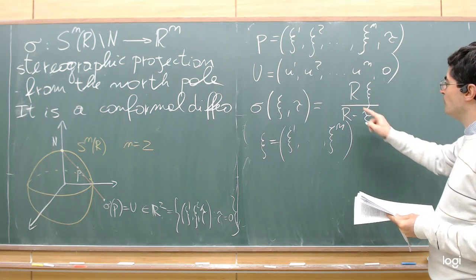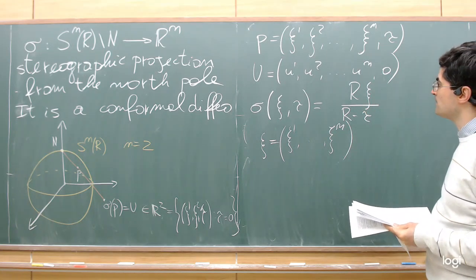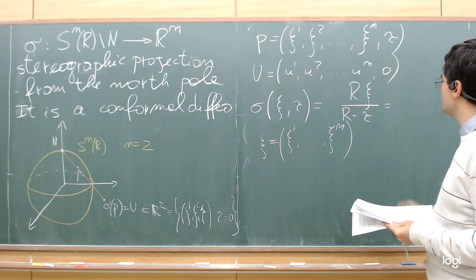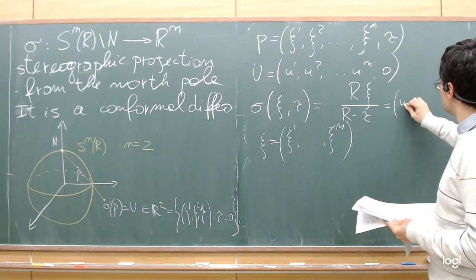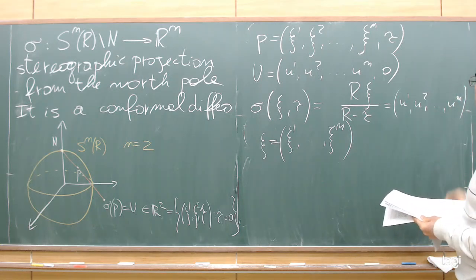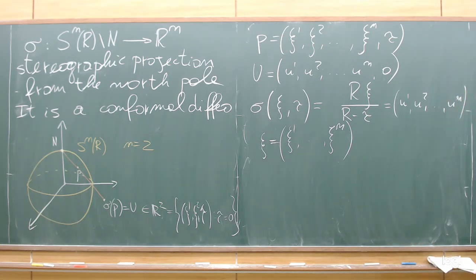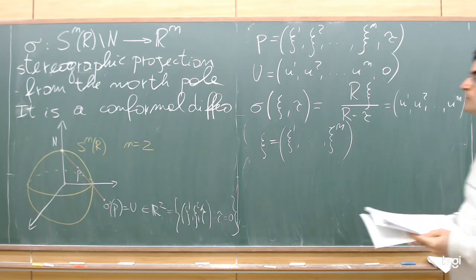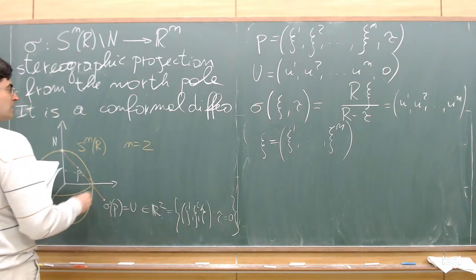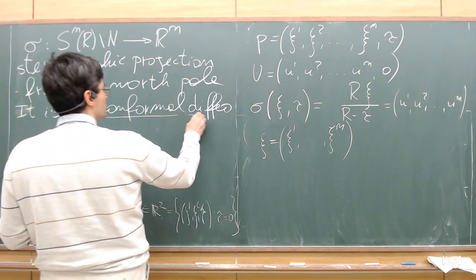If you observe this formula, you get that this is (u1, u2, ..., un). We want to prove that this is a conformal diffeomorphism.